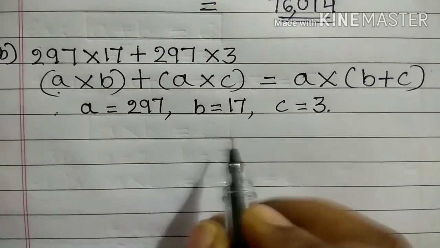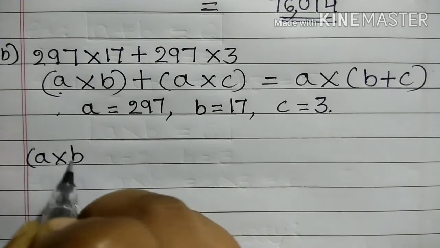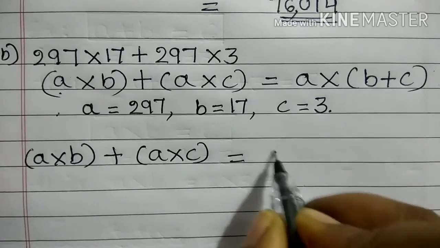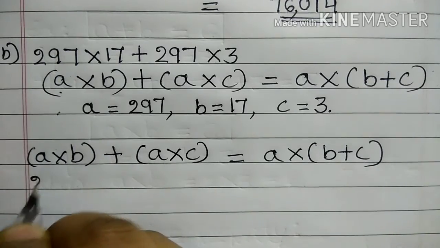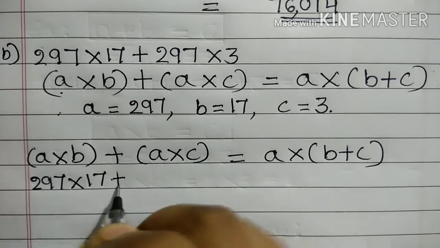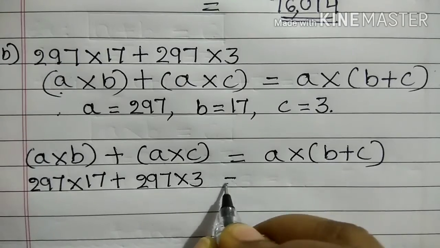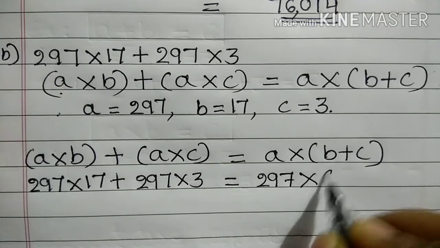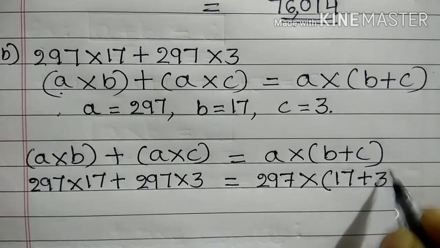So a × b + a × c equals a × (b + c). So 297 × 17 + 297 × 3 equals 297 × (17 + 3).